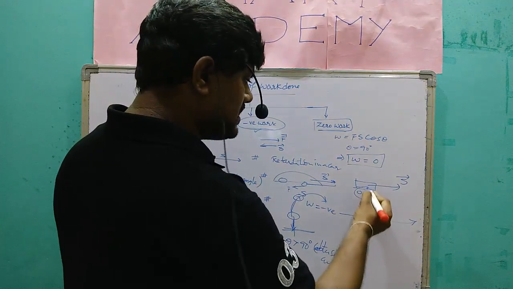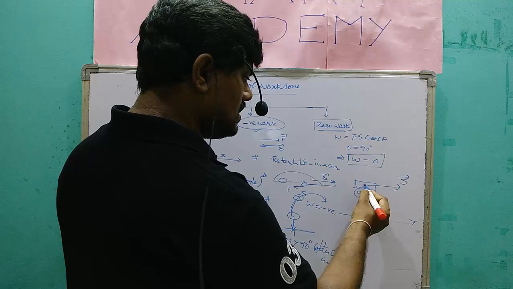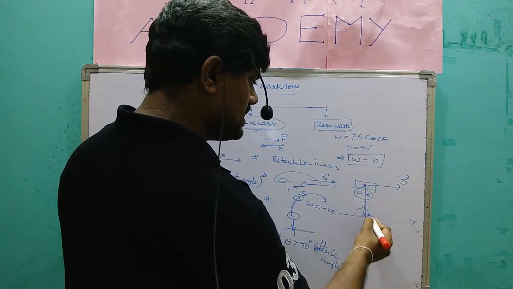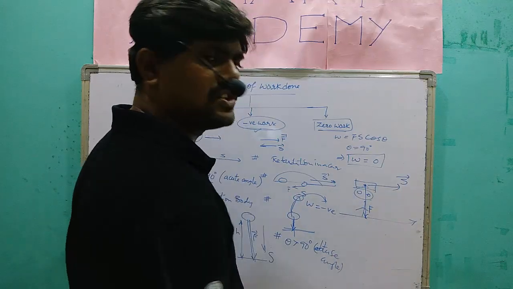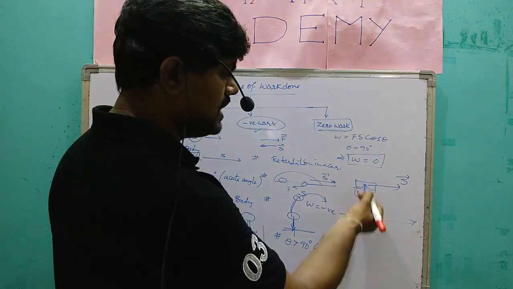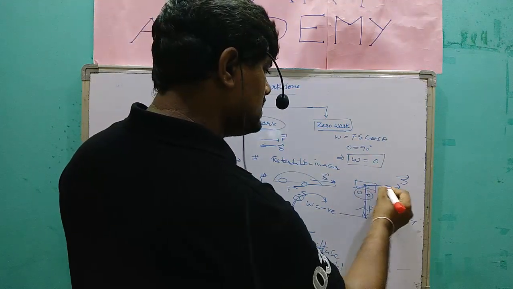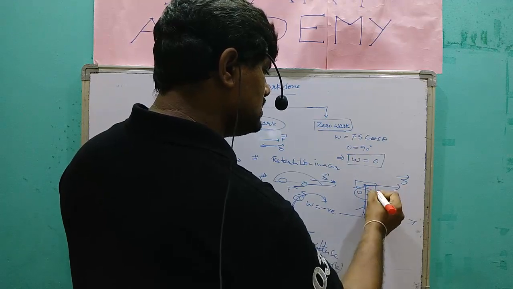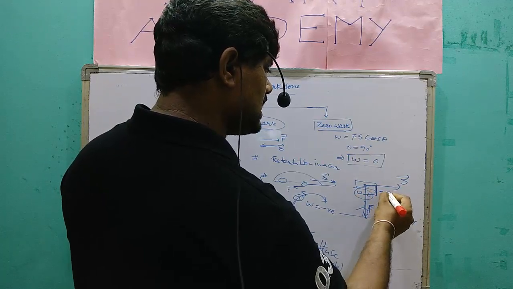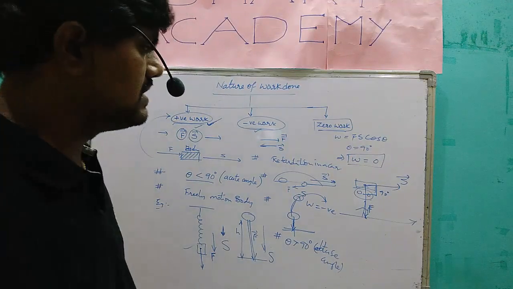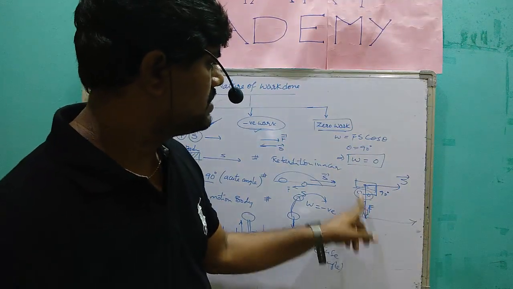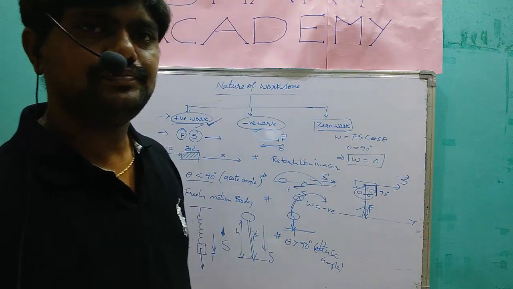The gravitational force on the luggage acts in the downward direction, normal to the displacement. So the angle between the force and the displacement is 90 degrees. That's why this is zero work done.